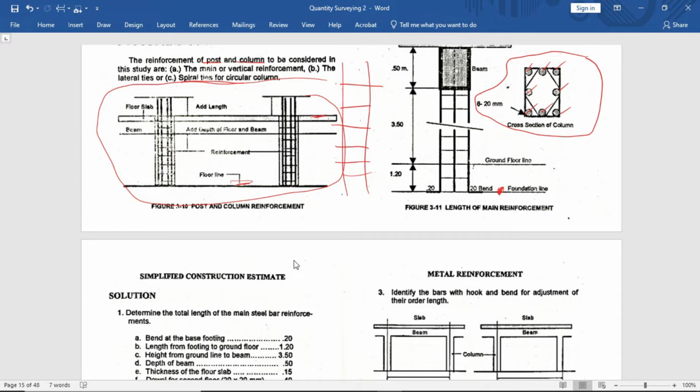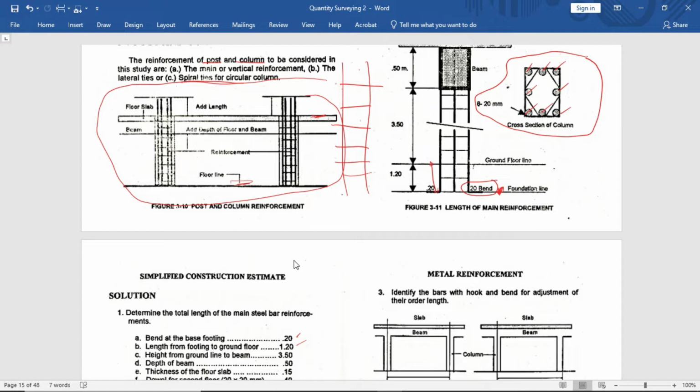First is the bend. Saan galing yung point 2? Ito yung bend natin, point 2. After that, length from the footing to the ground floor. Ito yan, 1.2.